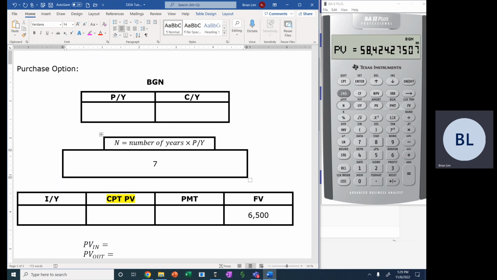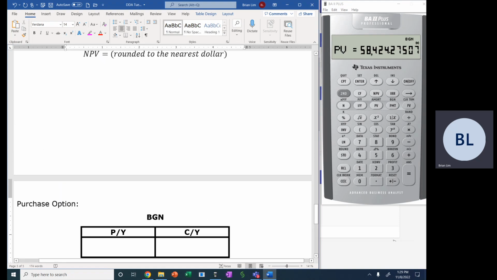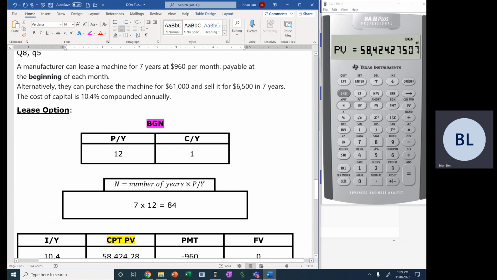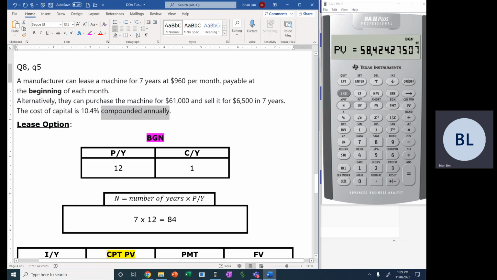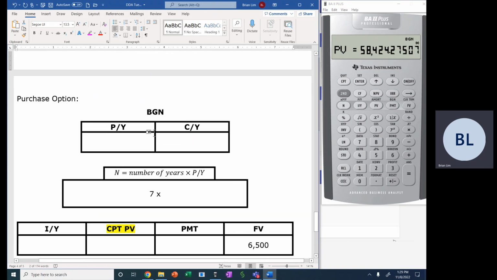So 7 times what? Well, PY is what? PY is the cost of capital. So the purchase, it's being sold for 6,500. The compounding is annually. So really we're into what? Yeah, we're into compound interest.